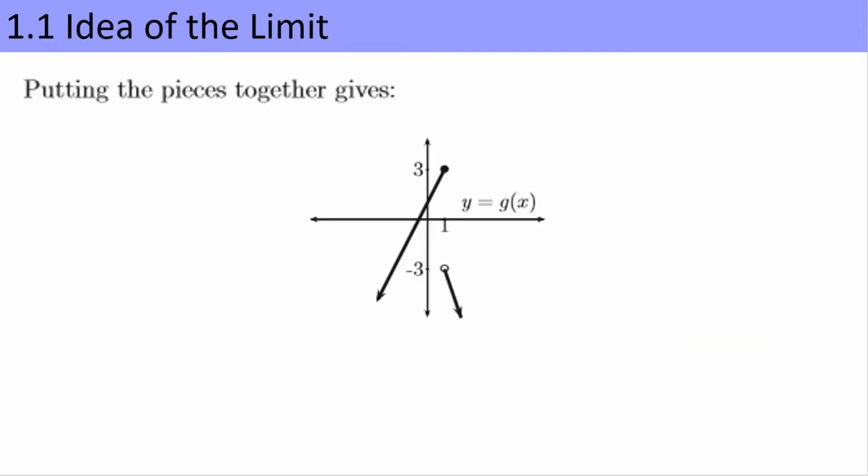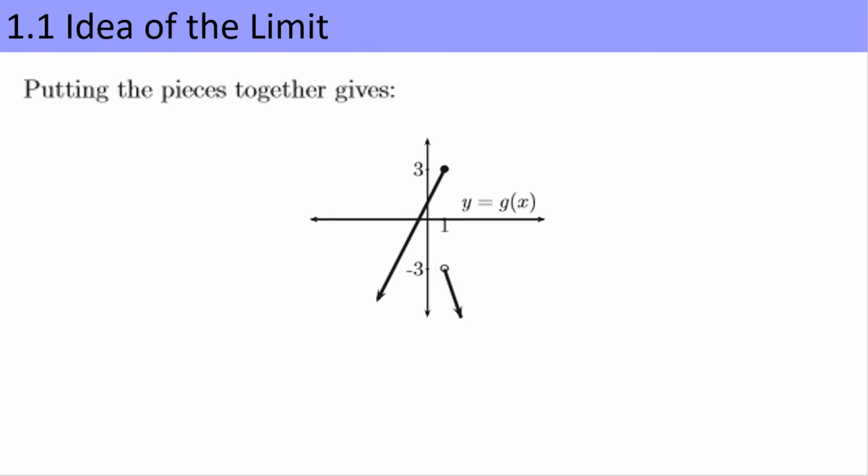We will now put the pieces together. So we have the first piece and the second piece. Let's observe that on the first piece, the increasing, there is a solid point at 1, 3, and that's because the piecewise definition said for x equal to or less than 1, and we have an open circle at 1, negative 3.